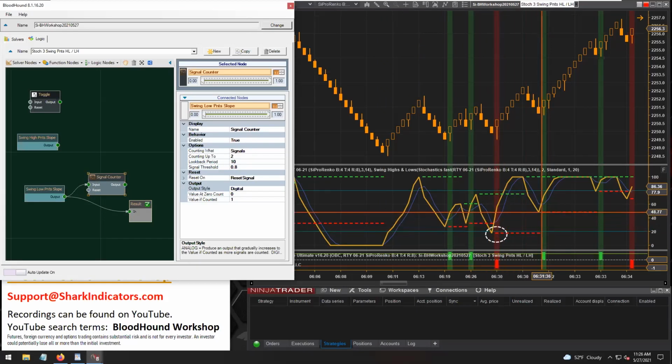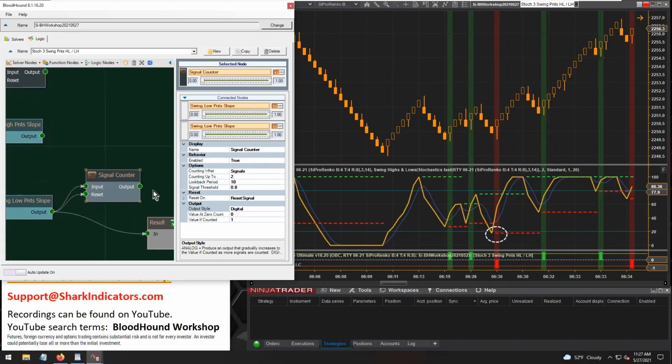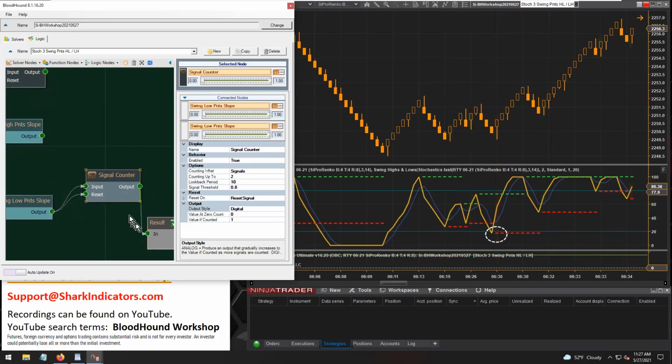And this next step higher, we want to make sure that it doesn't generate a long signal from this low point back here. We want to make sure that this short signal basically resets the signal counter or turns it off. So we're going to connect that into the reset to do that.